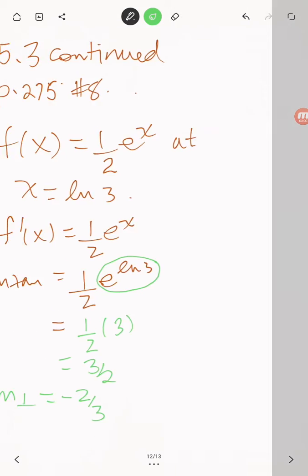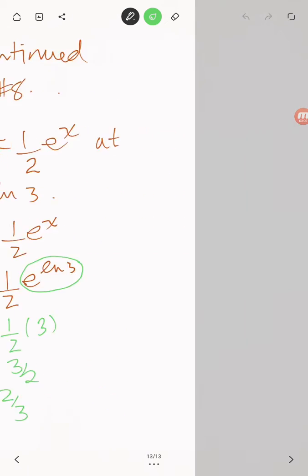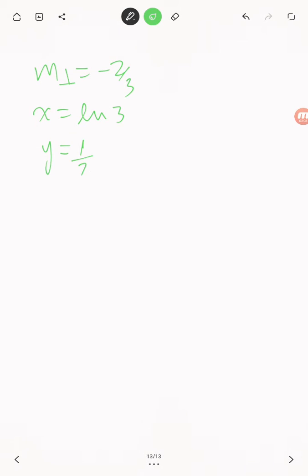And now I need the y value of the tangent point, and so I will simply substitute ln 3 into the original function. Let me just go back and get it here. 1/2 e to the x. So 1/2 e to the ln 3 just so happens to be exactly the same as the slope of the original tangent line because the derivative is the same, right?